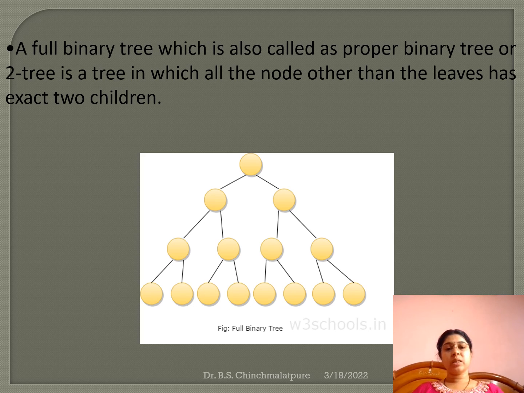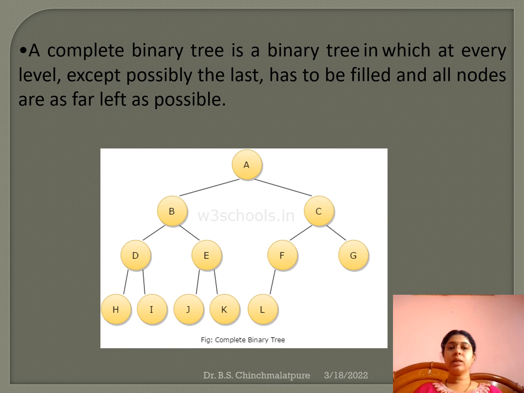This shows, students, a full binary tree. Why do we call it a full or complete binary tree? Because every root node has two child nodes. See and focus on that diagram. Every root node has two child nodes. That is called a complete binary tree.